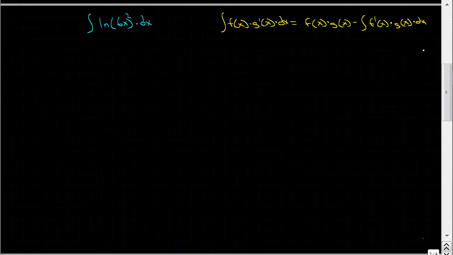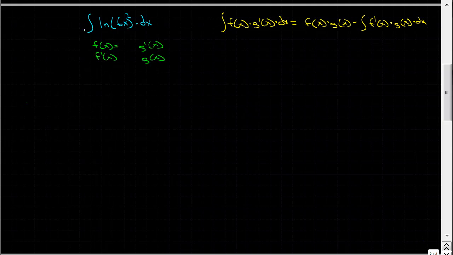Our reverse chain rule. Okay, so according to the LIATE method, we really only have one function in the first place, so we don't need the LIATE method for this one. But we need to call our f of x and f prime of x, and our g prime of x and our g of x.